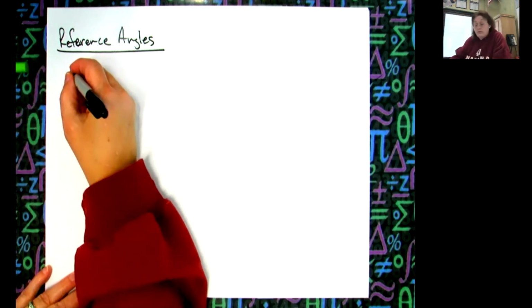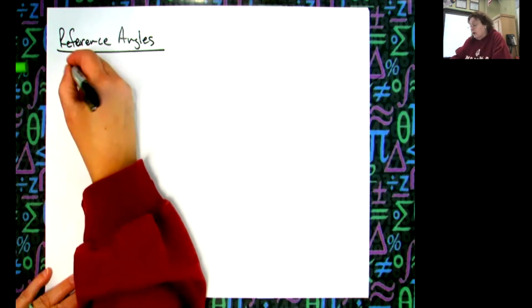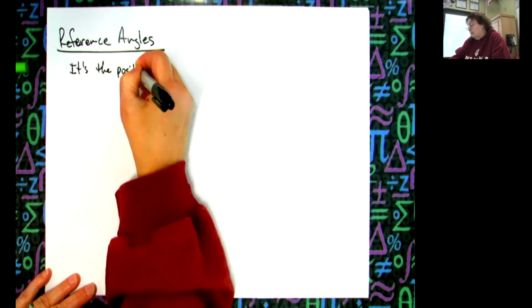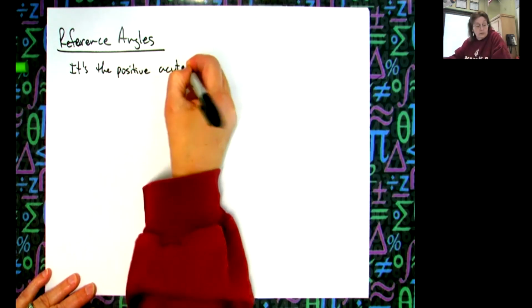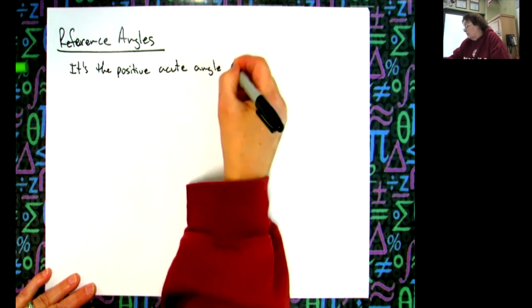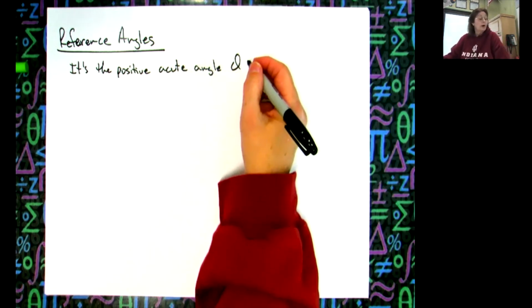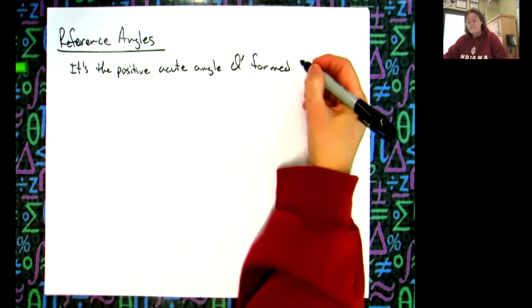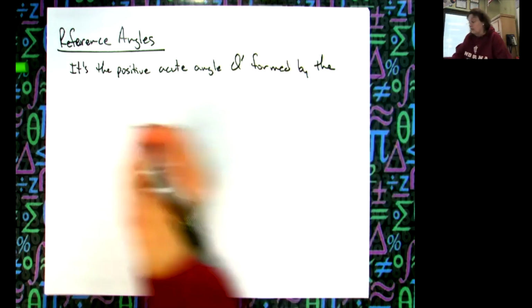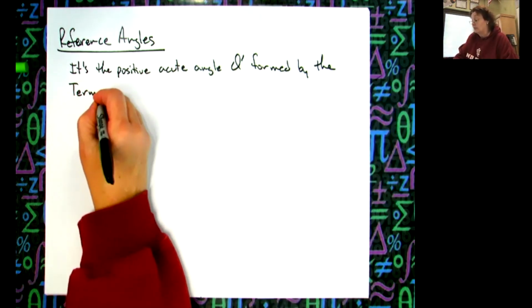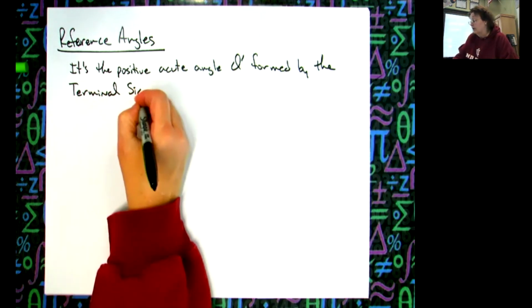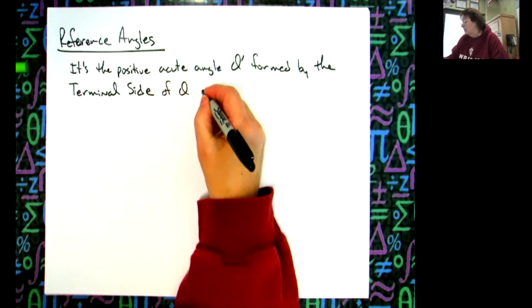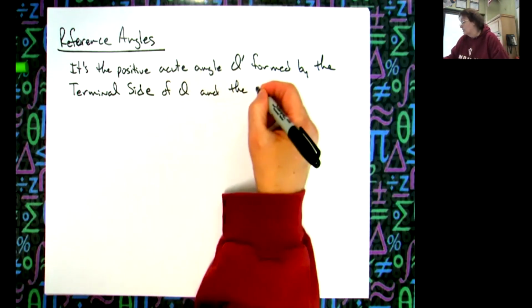So as a formal definition, a reference angle is the positive acute angle theta prime formed by the terminal side of theta and the x-axis.